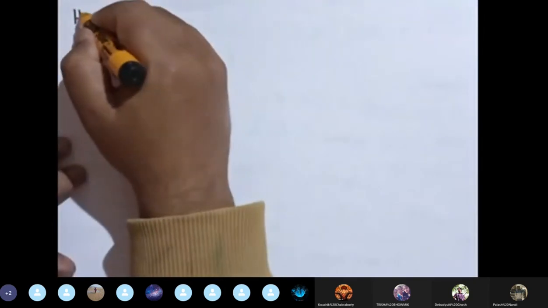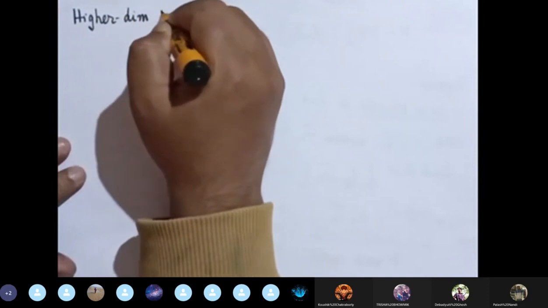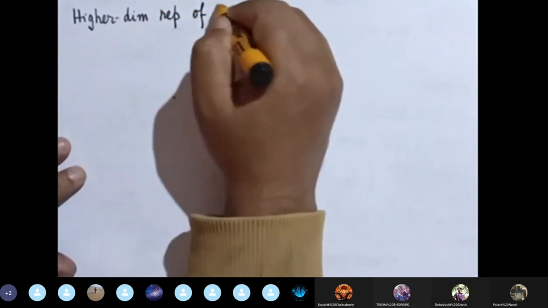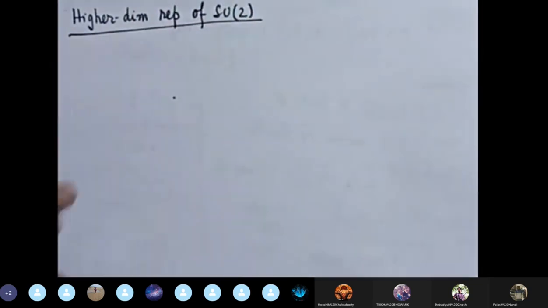So we are investigating whether it is possible to construct a higher dimensional representation of SU2. To construct this, what do we have to do?